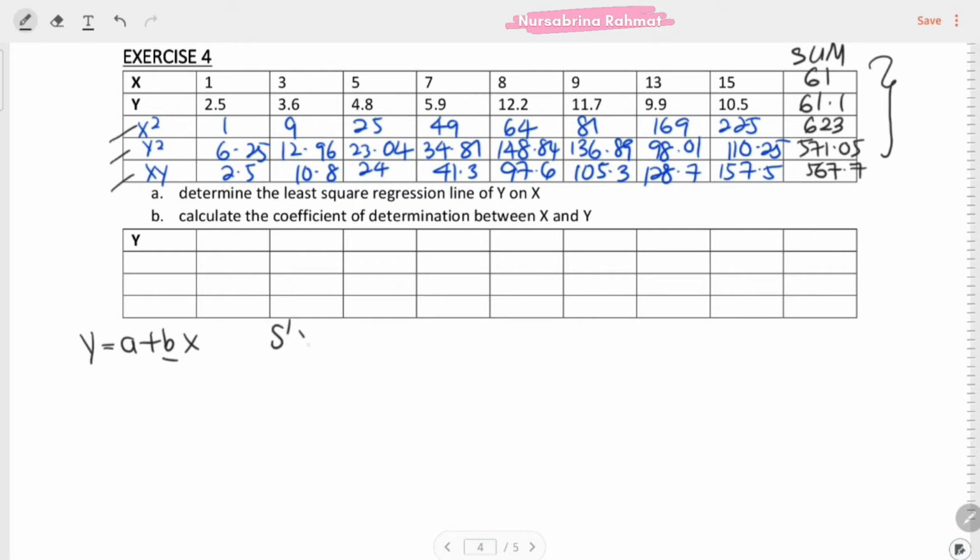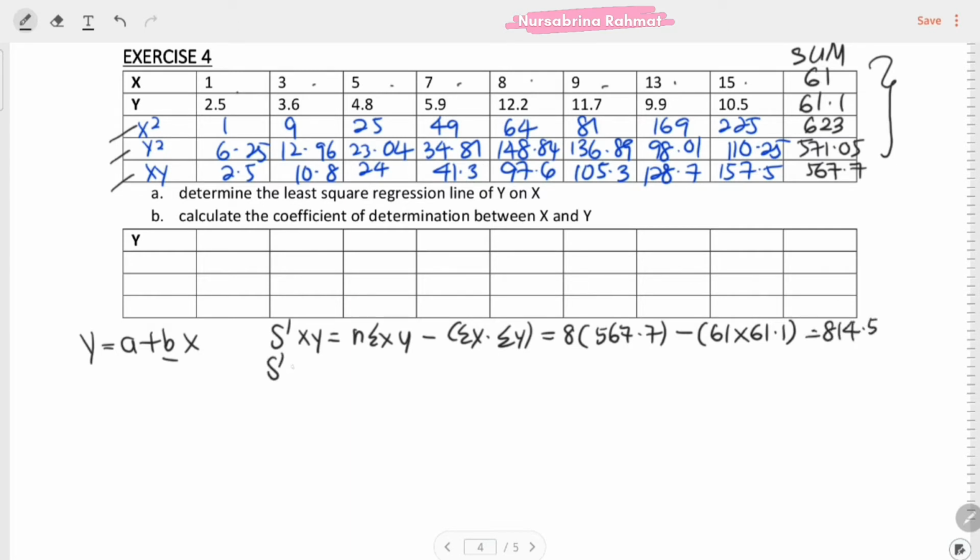S prime xy is simply the sum of xy minus sum of x multiplied with sum of y over n. There are 8 samples, so n is 8. The sum of xy, which we already calculated, minus 61 multiplied with 61.1 over 8, equals 814.5.